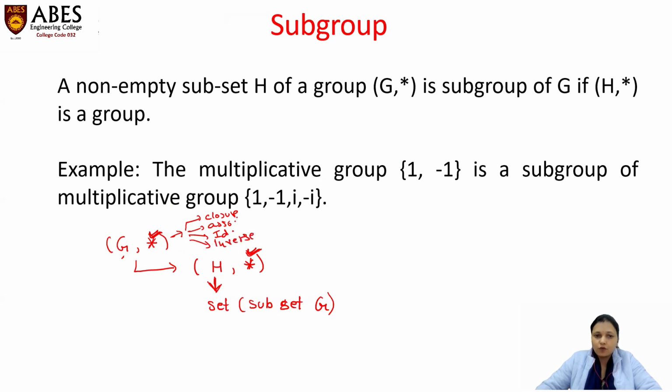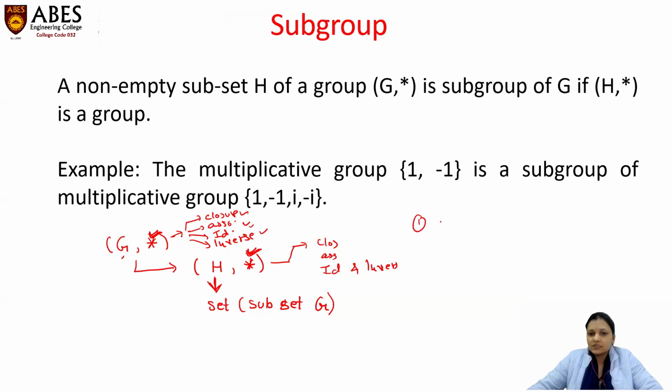It satisfies these four properties, that's why it is a group. So the third condition for a subgroup is that the subgroup should also satisfy all the four conditions of the group, which are closure, associative, identity, and inverse.